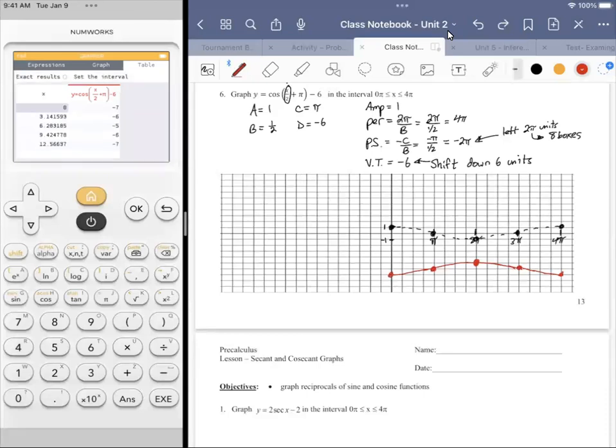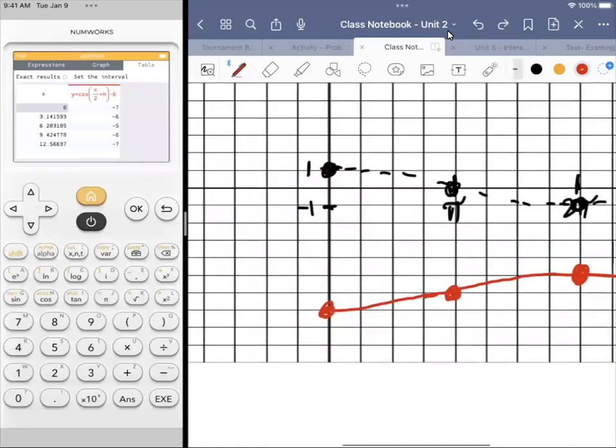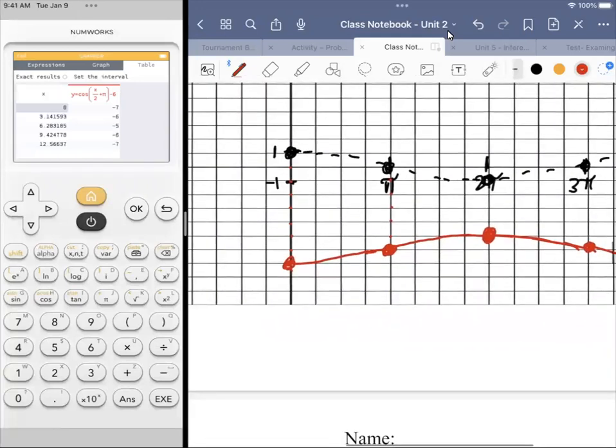But at 0, I now know that I have to go to -7: 1, 2, 3, 4, 5, 6, 7 units down. 3.14, most people recognize that. At pi, I need to go down 6 units: 1, 2, 3, 4, 5, 6. That checks out. At 2 pi, I have to go down 5 units: 1, 2, 3, 4, 5.